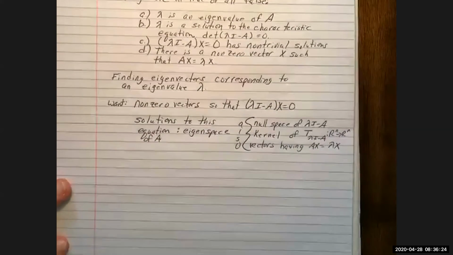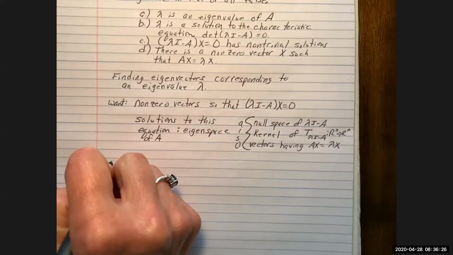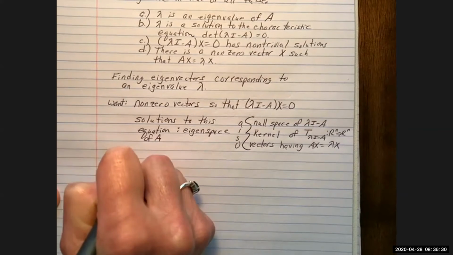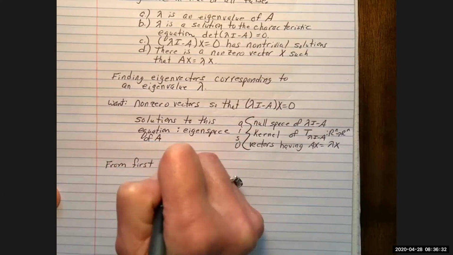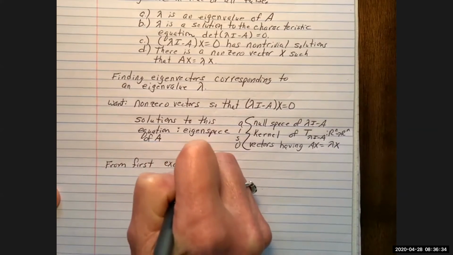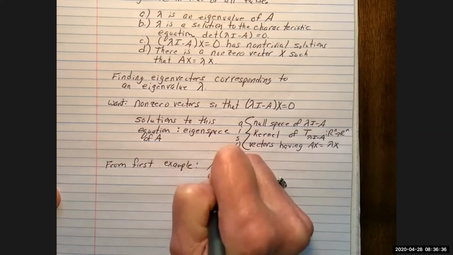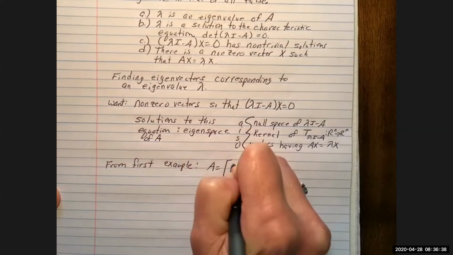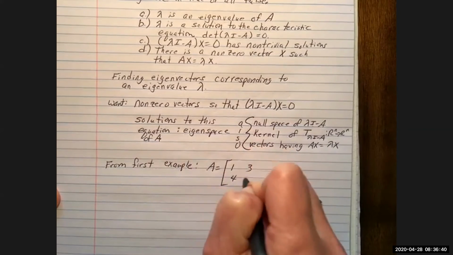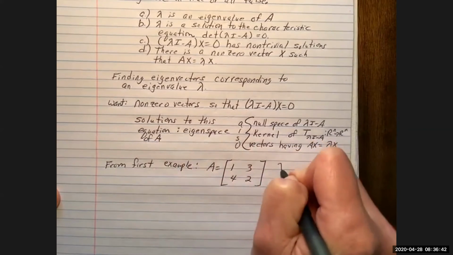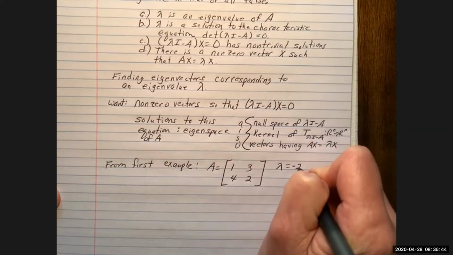Okay, let's find some eigenvectors. Okay, here was our example. We were using A equals 1, 3, 4, 2. We found eigenvalues to be -2 and 5.